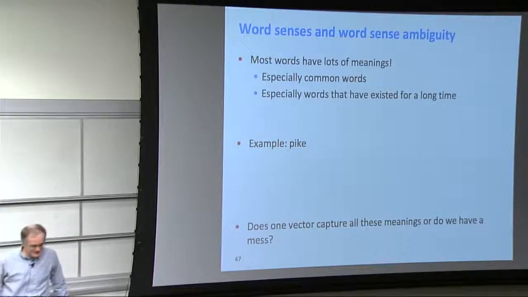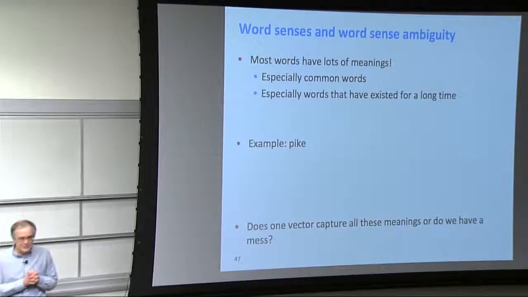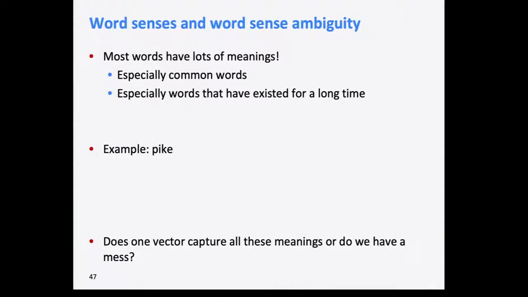Okay, two more things I want to say. We had that problem right at the beginning of Clinton and how that could be various people. That's perhaps in some sense the simplest case of words being ambiguous, when you have names which refer to different people. But it's not only true of names. By and large, words in human languages are ambiguous and have lots of meanings.